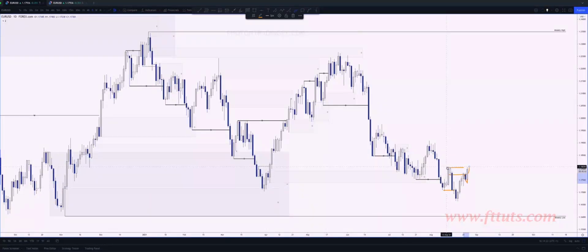We haven't quite gone above this high yet, but I would anticipate we're probably going to see that failure of supply. We may get a deeper pullback, potentially up to anywhere within this area here, where there may be some daily supply, or because we're starting to now take these highs, potentially that could just be price starting to move higher. Because what have we done? We've filled up more orders within this daily zone here.